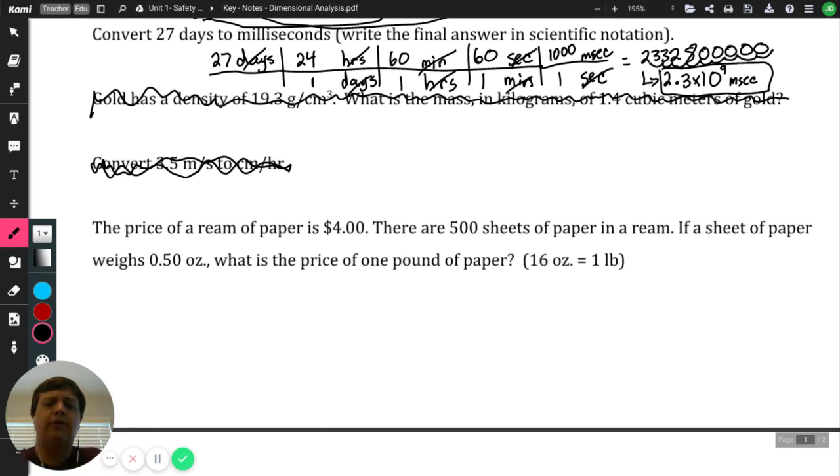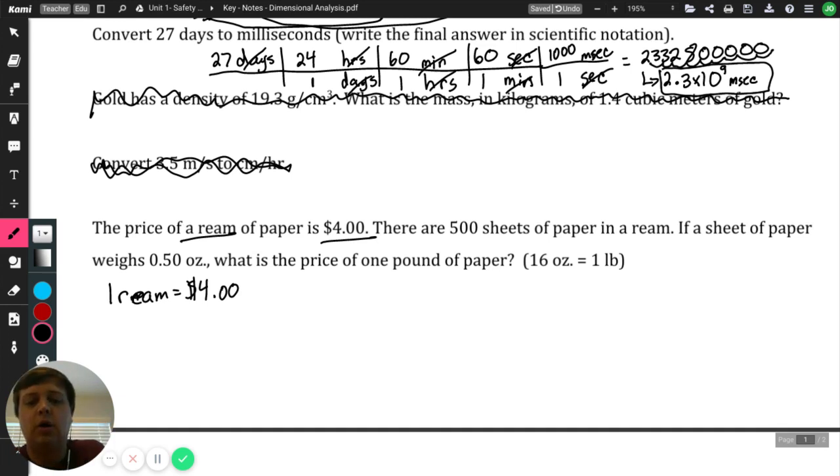Let's do that. So first off, they say that the price of a ream of paper is $4. That's something I know, right? A ream is $4. So 1 ream equals $4. Okay, well, what else do I know? So let's keep reading. So we've used that first one. It says there are 500 sheets of paper in a ream.